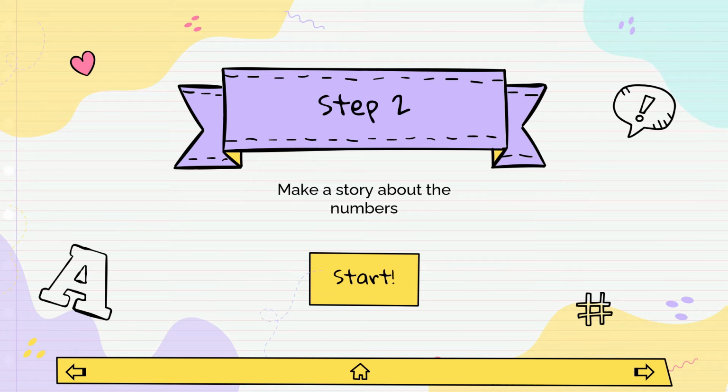The second step is to make a story about the numbers. So we're going to think about a name or things that we need to write in our story.